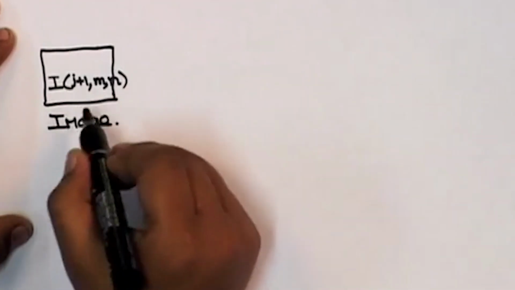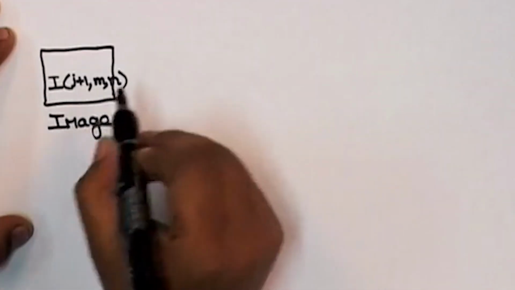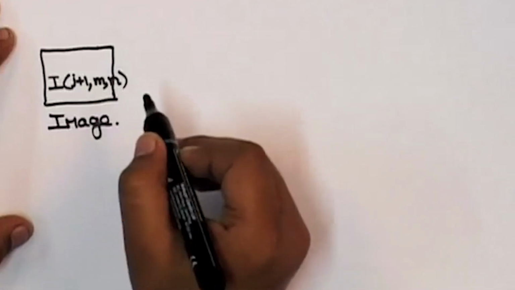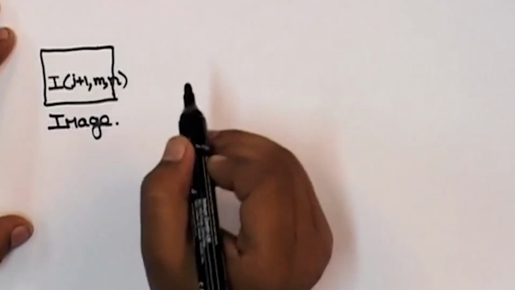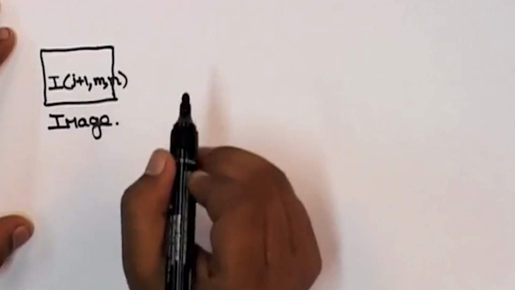To start with, we can say that this image I is an original image itself, and we will later see that this input I can be any signal and at any scale j.